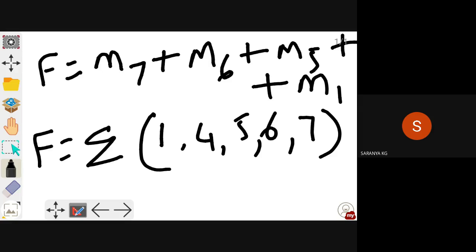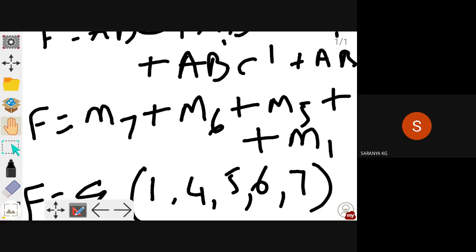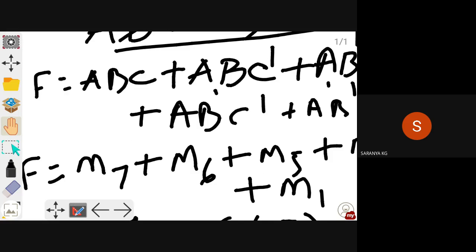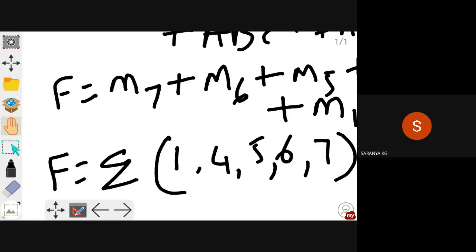So F is equal to A plus B dash C is written using sum of minterms. So this is the expression in terms of sum of minterms, and this is the short form you are going to write the Boolean function in terms of sum of minterms.